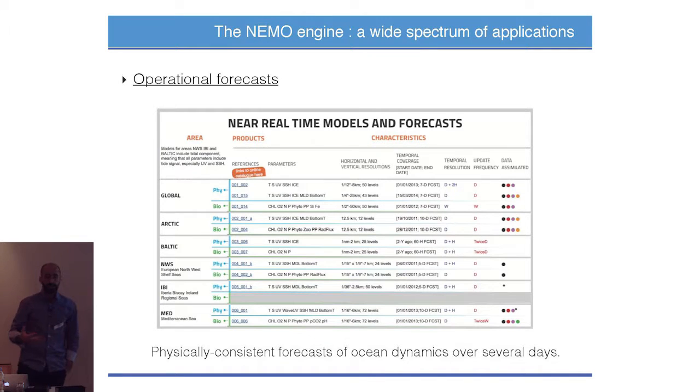Now, if you look at the actual range of applications, I'd just like to let you understand that it's a large spectrum that we're having here within CMEMS, but also beyond. So if you start from the CMEMS catalog, obviously a fraction of those operational forecasts actually use Nemo to provide a physically consistent forecast of ocean dynamics over several days.